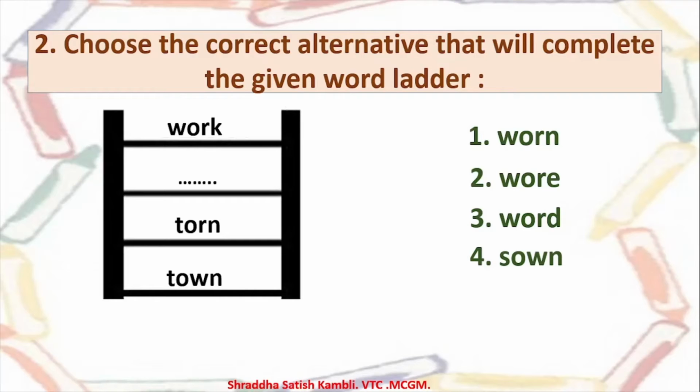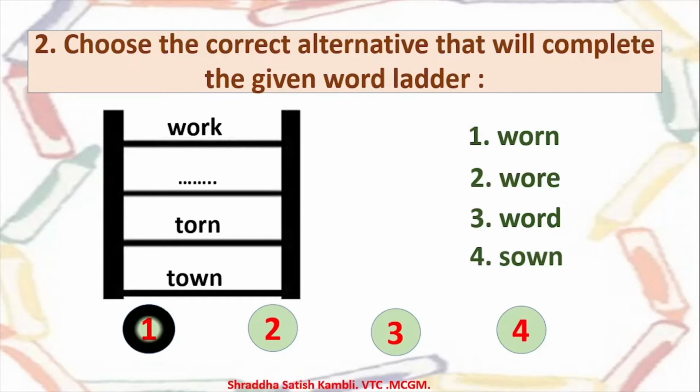So which word is that? Is it 1, 2, 3 or 4? It is the first one, worn. So you have T-O-W-N town, T-O-R-N tone, W-O-R-N worn, W-O-R-K work, where one letter changes in each of the steps.